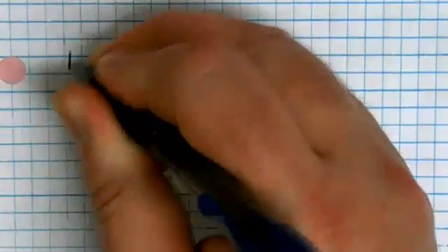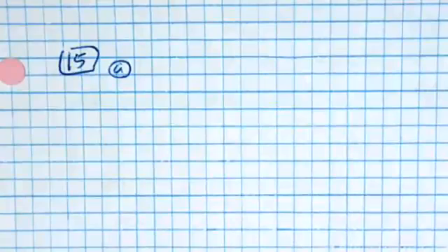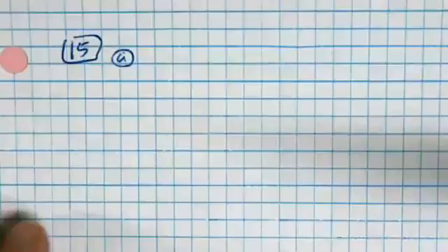I'm going back in the book, but you don't need to open up your books right now. Just copy what I got on the screen. This is number 15, and we're just going to do 3 problems here. Part A, I'll go ahead and write them down and you can start working them out. 15 part A is x to the 4th over x to the 5th.